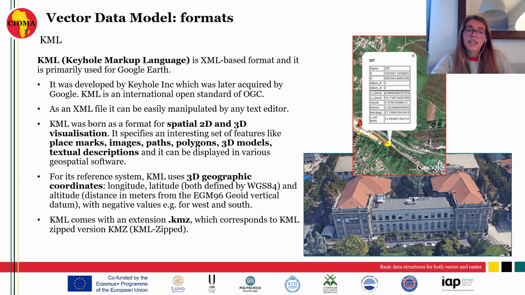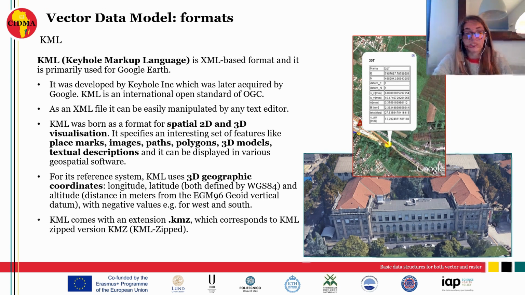Moreover, KML uses 3D geographic coordinates. For every feature, longitude and latitude need to be defined according to the WGS 84 coordinate system. You can define also the altitude. If you do not define it, it will be set by default as clamped to the ground.